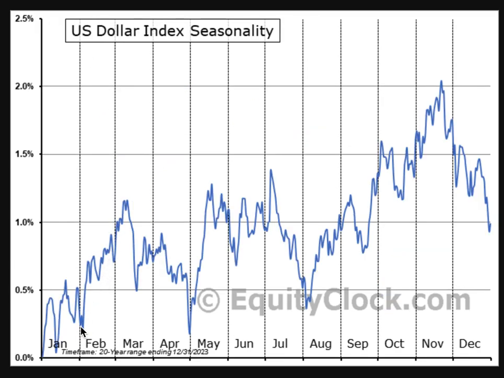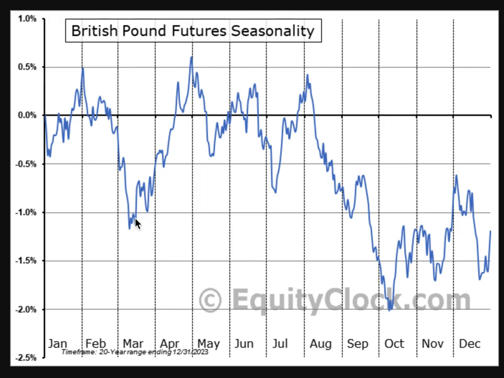So start of February takes out highs, big movements up, until the middle of March, and then there's a massive decline. Now if we go back to the pound, middle of March, there's a move up, but it's not as pronounced as what there is in the dollar index.